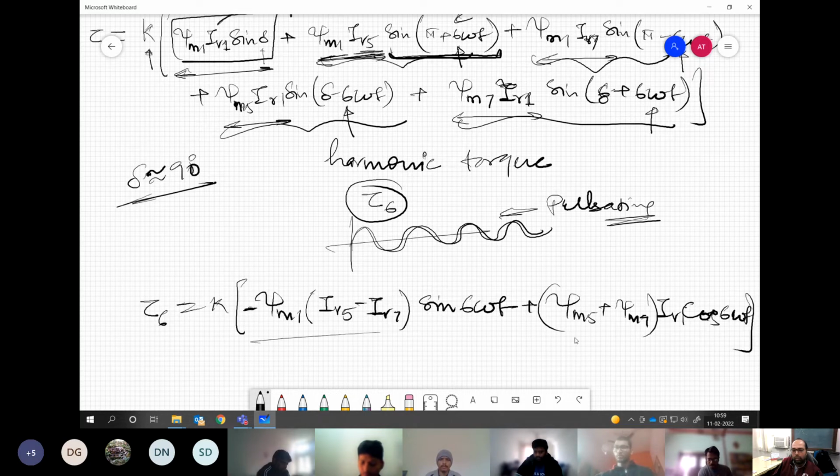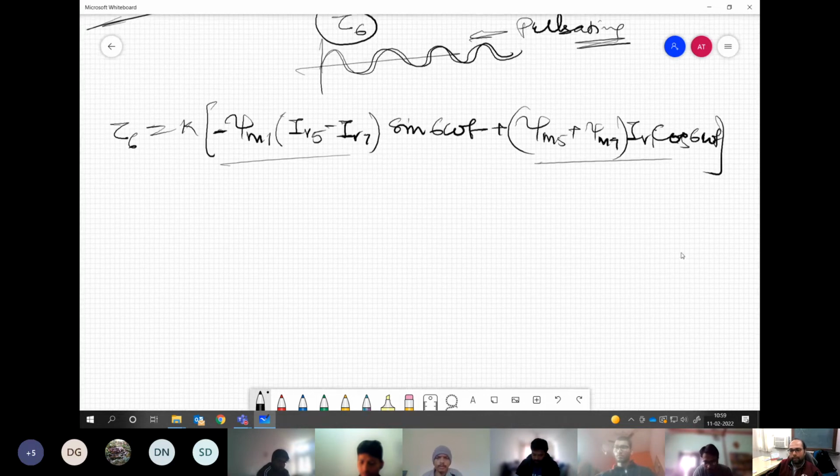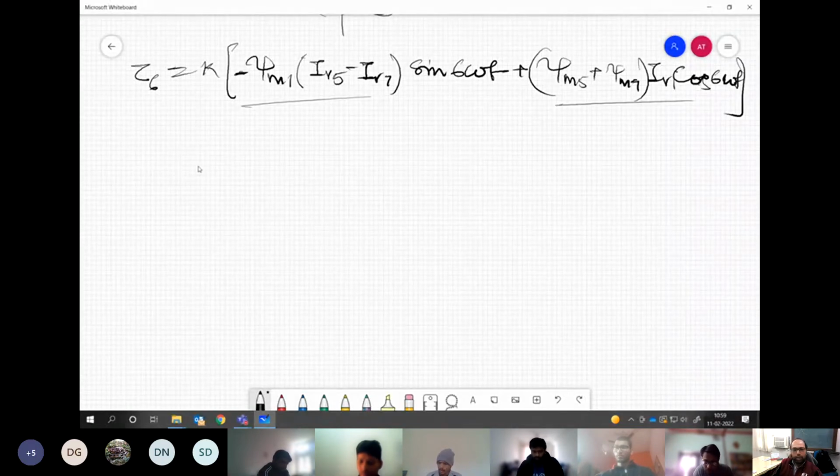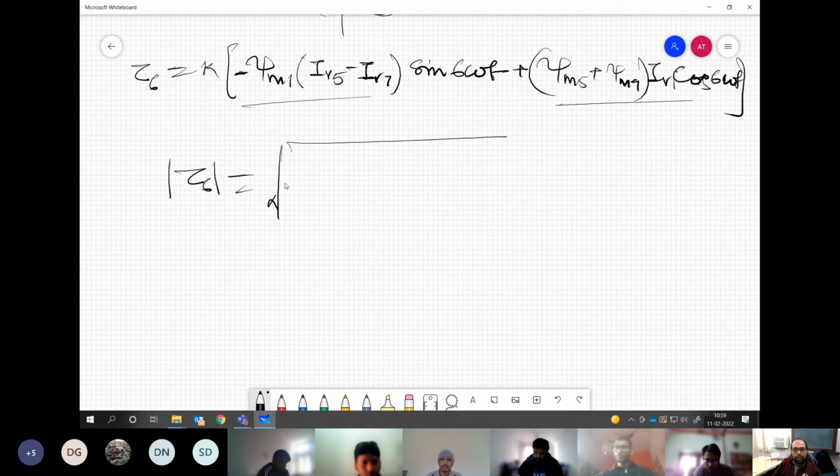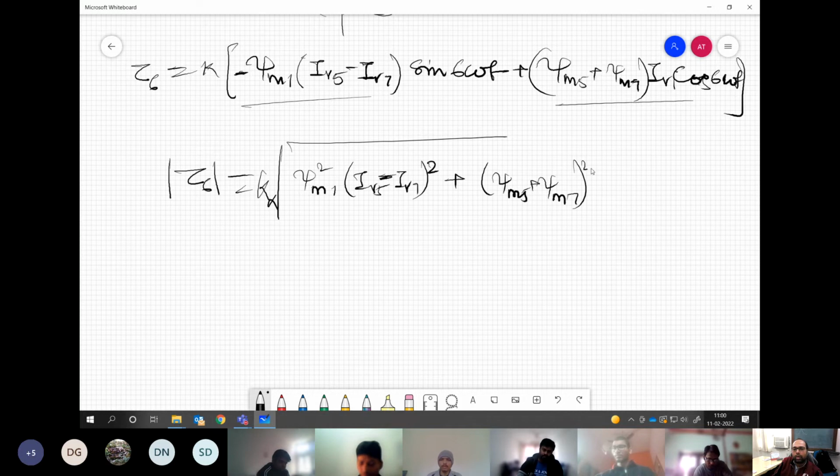So these are two orthogonal components which are coming over there, right? Now we have the expression for torque. So the magnitude you can write as some k times the square root of psi m1 squared (IR5 minus IR7) whole squared, plus (psi m5 plus psi m7) whole squared into IR1 squared.